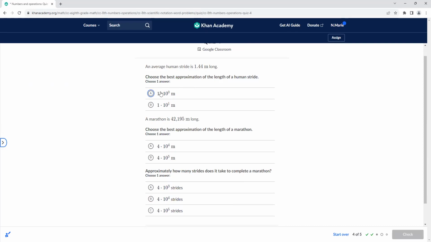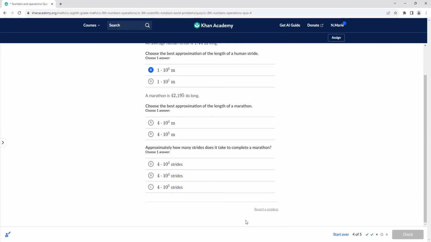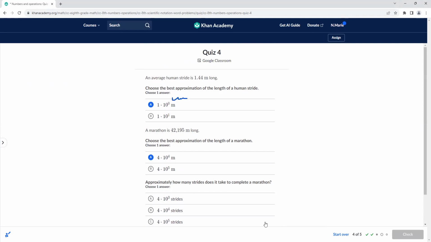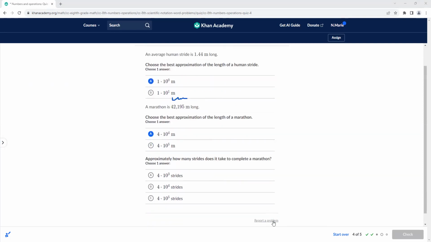because this decimal doesn't need to move. Now for this one, if I put the decimal here, it would need to go over 4 spots. So that would be that one. Approximately how many strides does it take to complete a marathon? So that's the length of the marathon, and that's how many strides it would be. So you can see it's 3 times longer, right?